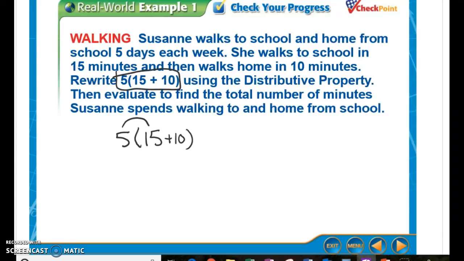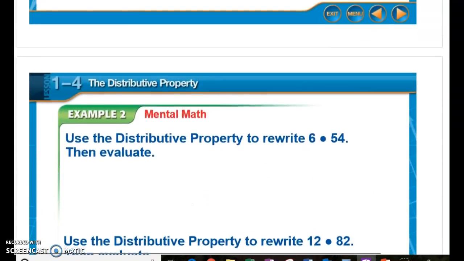So 5 times 15 is 75. 5 times 10 is 50. So you end up with 125. Okay, so that's the total number of minutes.